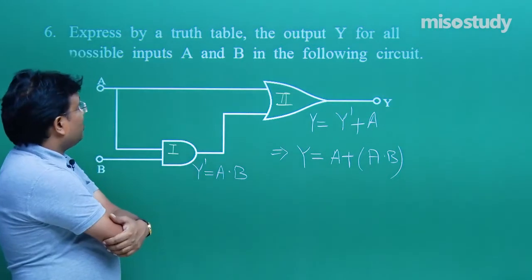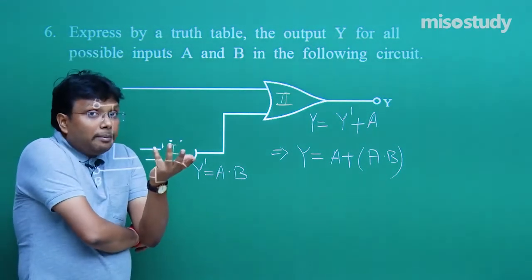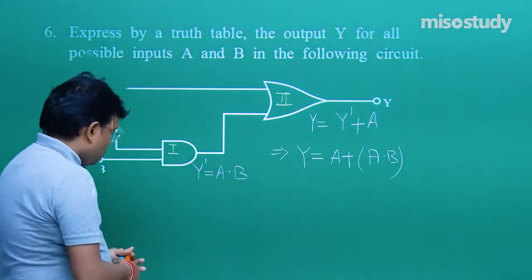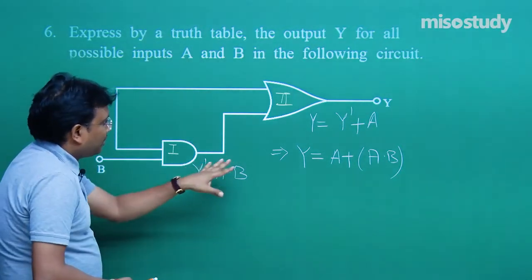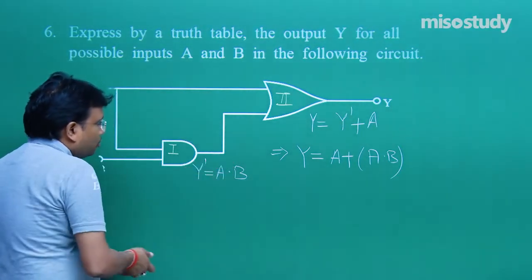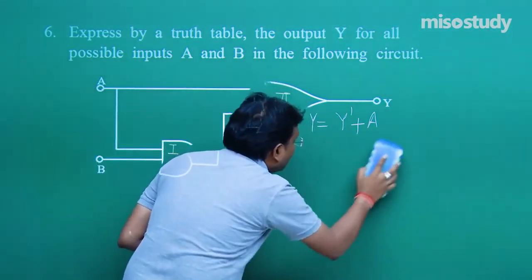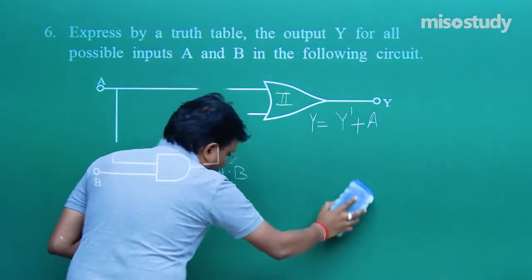But then you will say, sir, where is the table, that input output truth table? I hope this particular aspect is clear to all of you. So, my request is, if I am erasing it out, I hope you will not mind it.